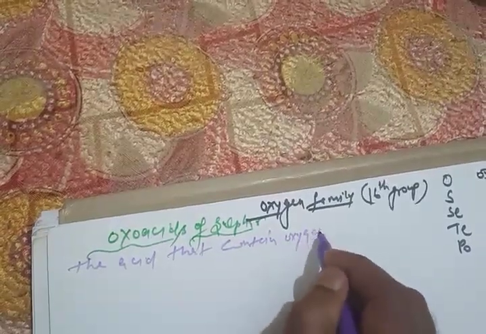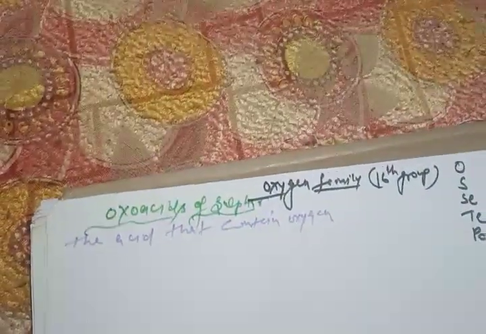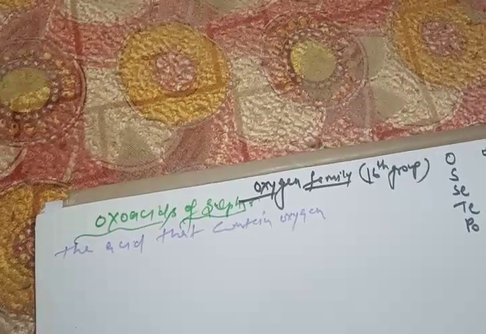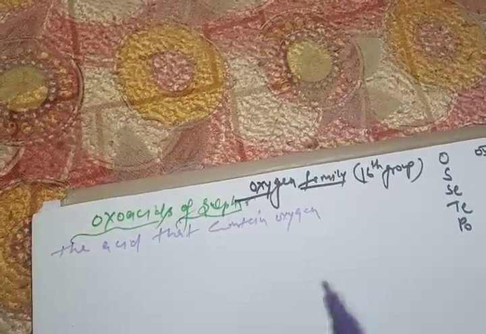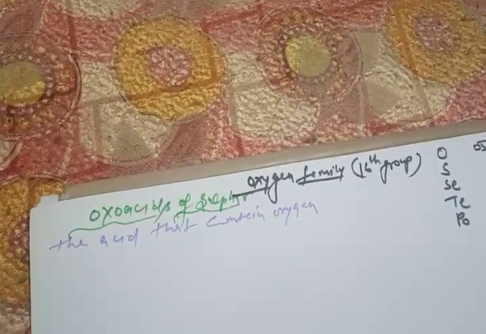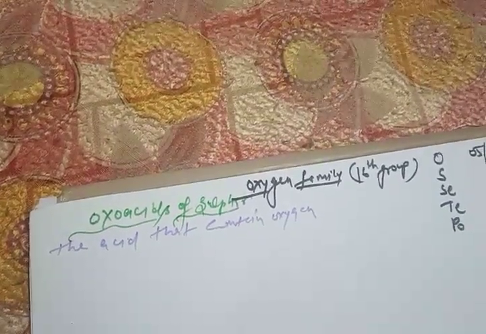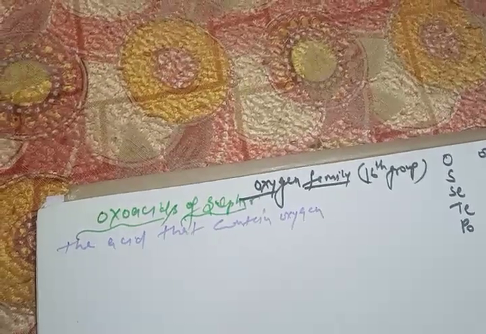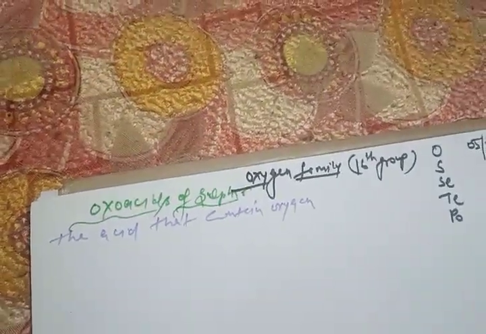And if the video is not too long, then we will discuss hydrogen peroxide also. Okay, so the acid that contains oxygen is called an oxoacid.